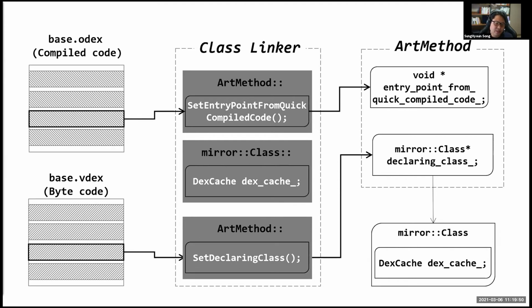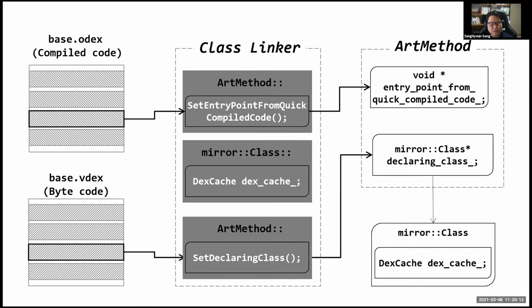And by calling the SetDeclaringClass function, the DEX cache is assigned to the declaring_class variable of the ART method object. Now we can call the bytecode through the DEX cache.